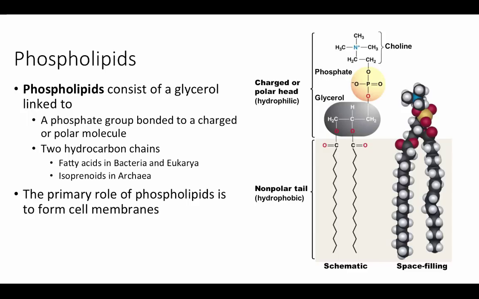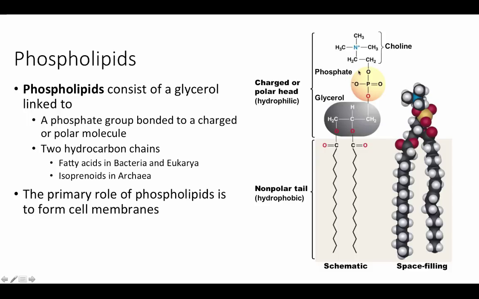The next category of lipids I want to talk about is phospholipids. So phospholipids consist of a glycerol again. So here is our 3-carbon glycerol chain. But instead of having fatty acids attached to all 3 of the carbons, one of the carbons is going to be attached to a phosphate group, and that phosphate group is going to be in turn bonded to a highly polar molecule.